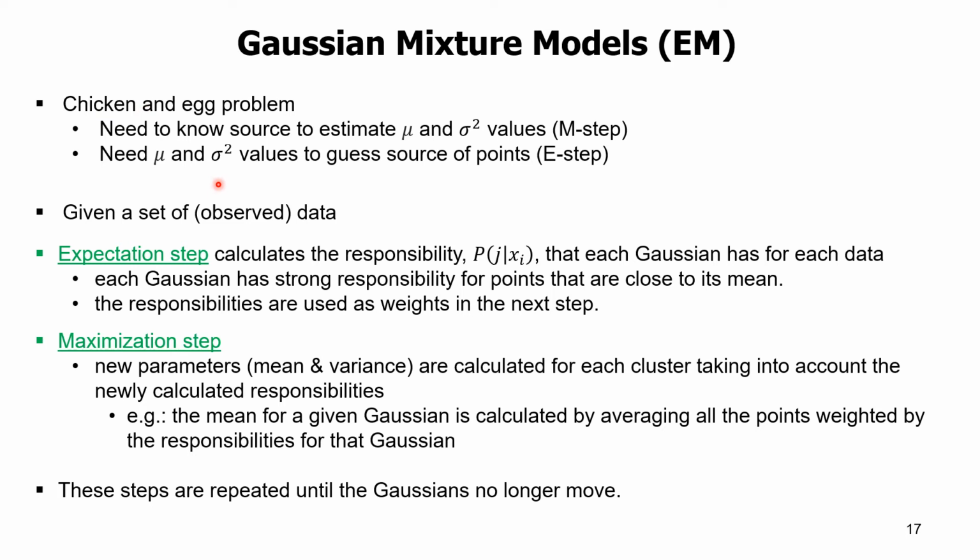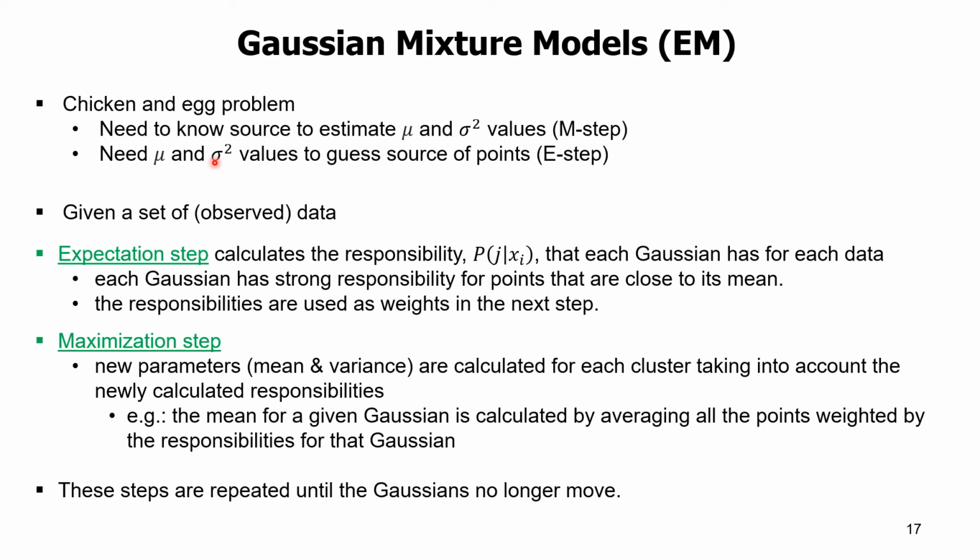So the basic idea of the EM algorithm is we begin with random initial values of these parameters and keep iterating these two steps. Then the parameter values gradually become accurate and converge.